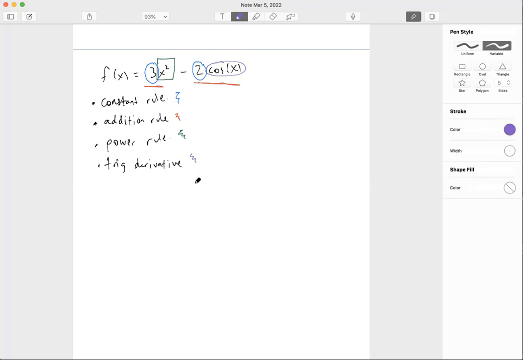All right, so just going through each of them. Let's first use the addition rule. When we find the derivative, we're finding the derivative of each part and then subtracting them.